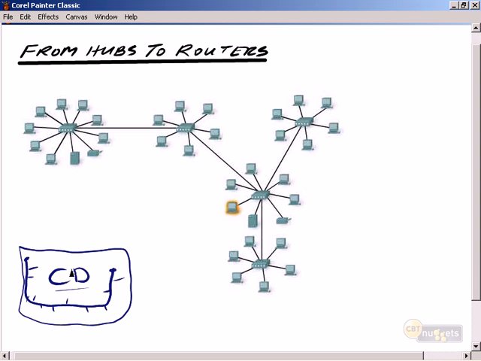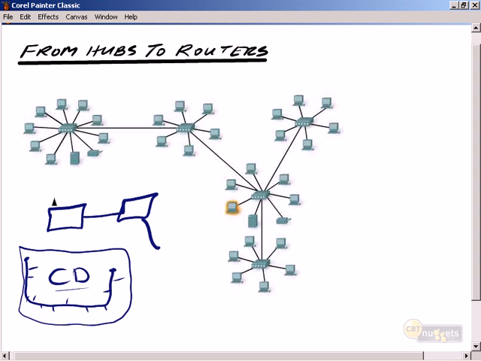Here's the problem. Larger companies obviously wanted to use this Ethernet technology, but they obviously had a larger geographical area, right? With a larger geographical area, you had to take this and, of course, put that bus in a box so that you could connect these boxes together, and they would allow you to extend and increase the size of your Ethernet collision domain.